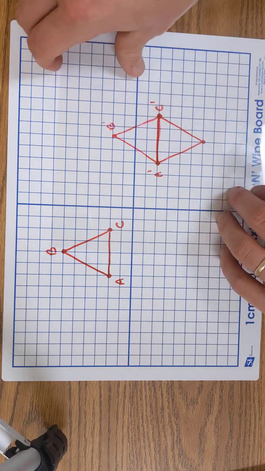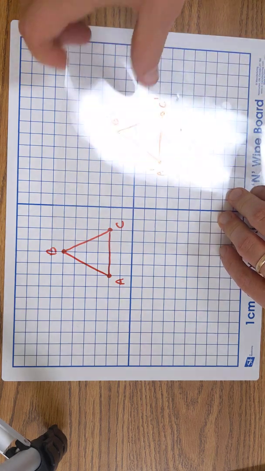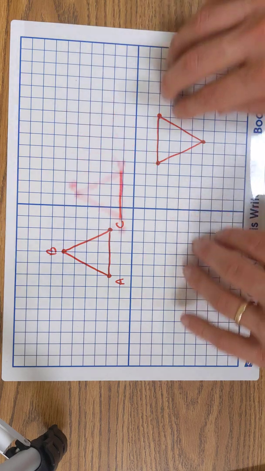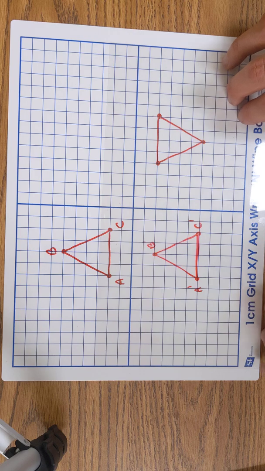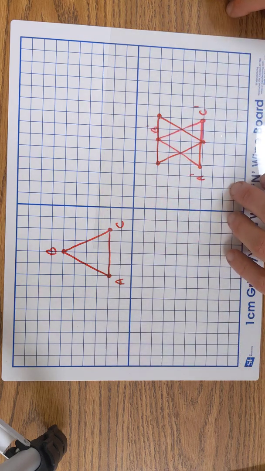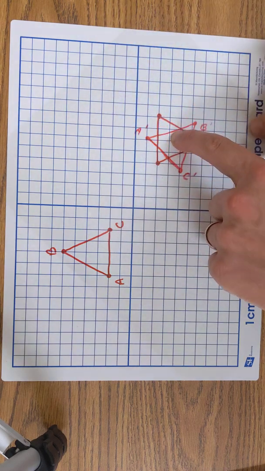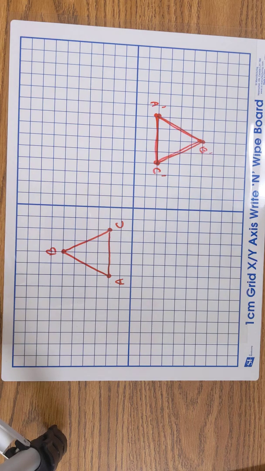What if I wanted to shift it down here and then reflect it across this line, y equals -2? That gets me there. All right, what if I wanted to start at the beginning and go down first to here and then slide over to there and then rotate in the middle here? That gets me there. Does it matter which order or which types of transformations that I use? Not as long as they're rigid transformations.